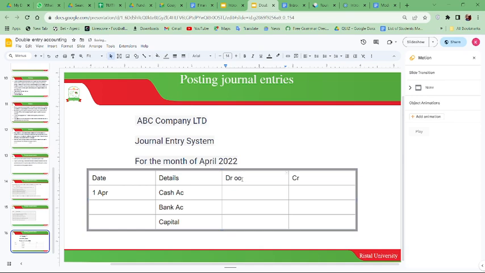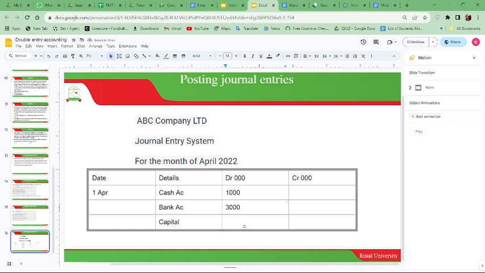So on our debit side, we are having 1 million. We debit cash, and then we debit bank, which is 3 million.